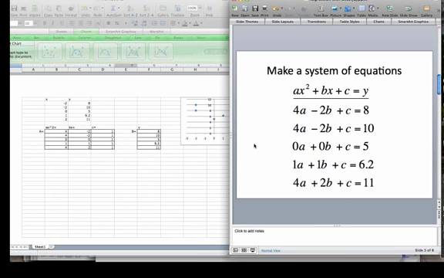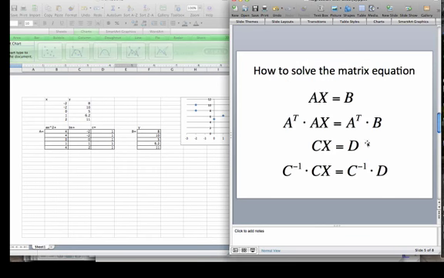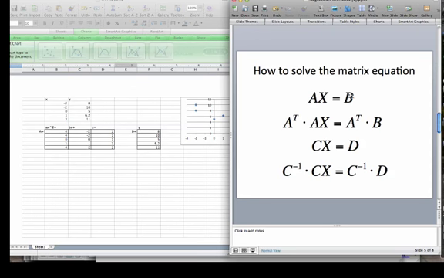Okay, so here we have our matrix. In general, we're at this step right here. The A matrix is this matrix. X is a, b, c. And the B matrix is here. In order to do a regression, because this matrix isn't square, I have to square it up.